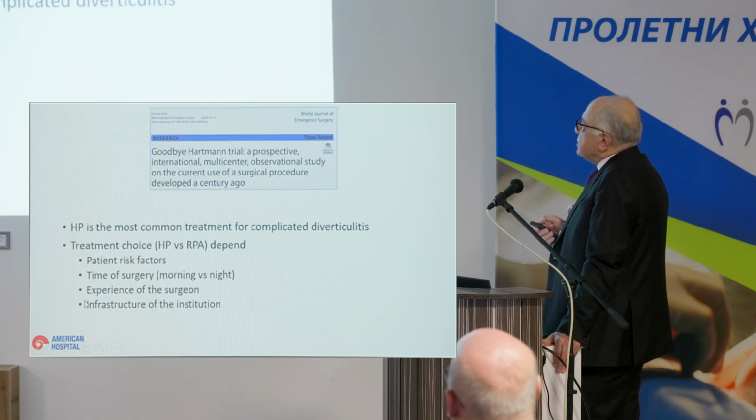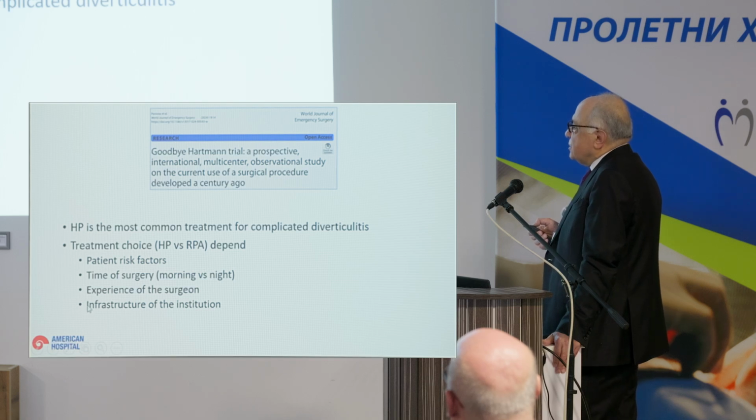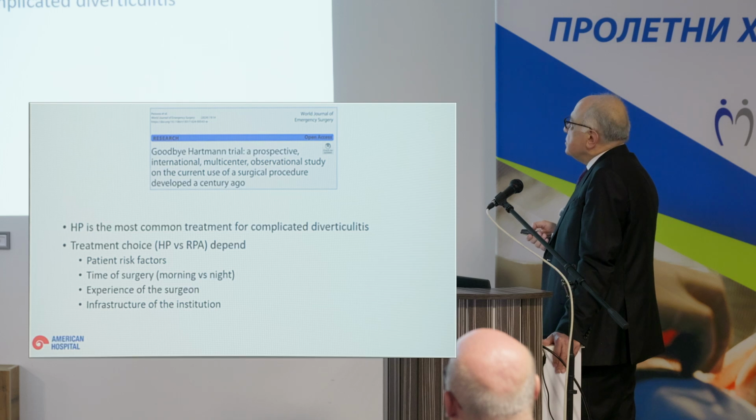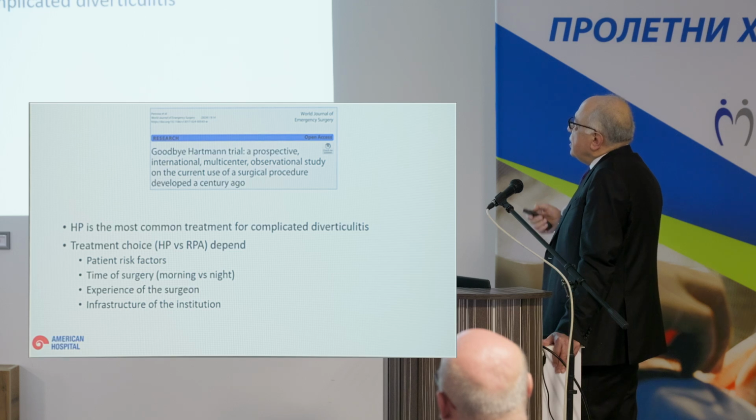This is an interesting study, the Goodbye Hartmann trial, because the procedure has been the most common treatment for complicated diverticulitis for 100 years. Can we leave behind this technique and go for resection with primary anastomosis in our procedures?